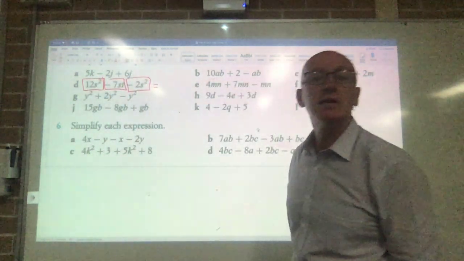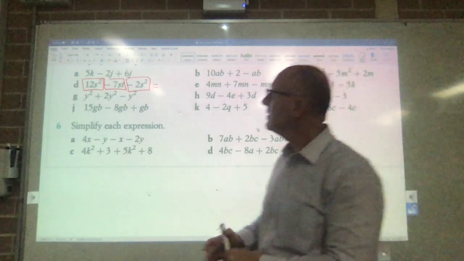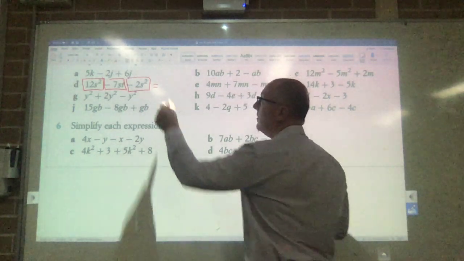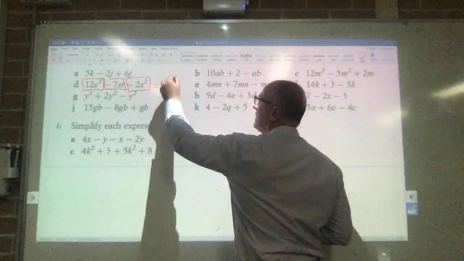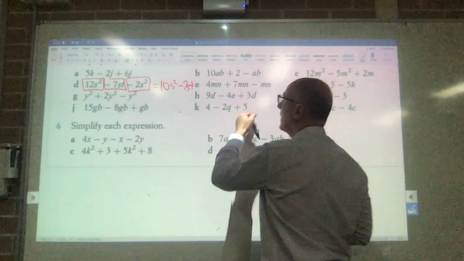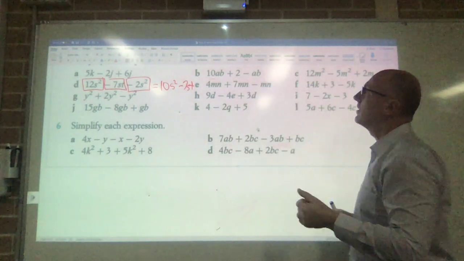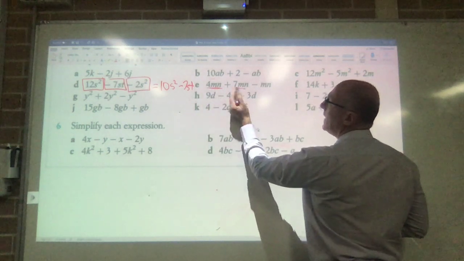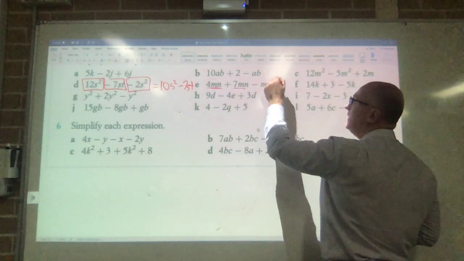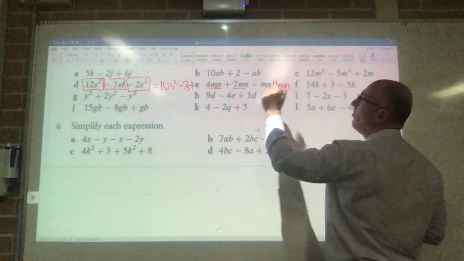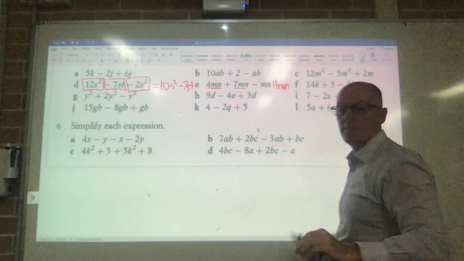Don't know how well you're seeing that on the screen, it looks okay. So I can say 12s squared, take away 2s squared is 10s squared. And you're left with minus 7st. Going across, I don't have a lot of room to fit in here, but 4mn plus 7mn is 11mn. mn minus, I'll do that again, I've made a mistake.